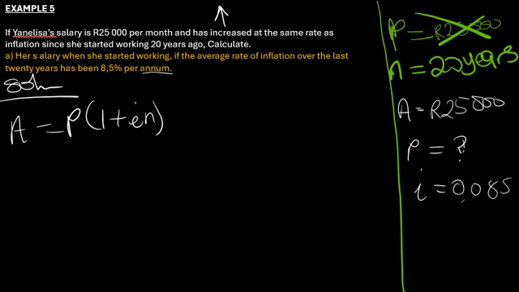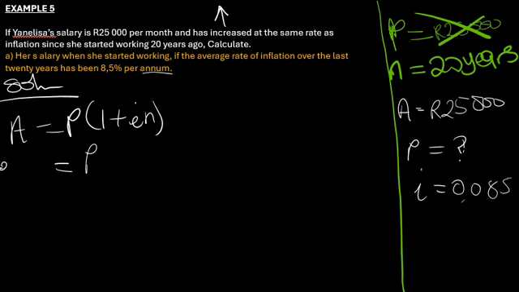So in this case, this inflation rate is an annual rate, guys, for these 20 years. So P is the one I'm looking for.